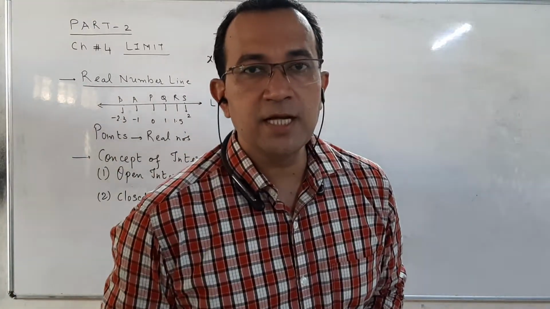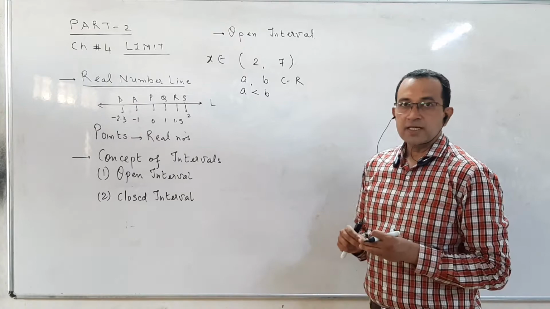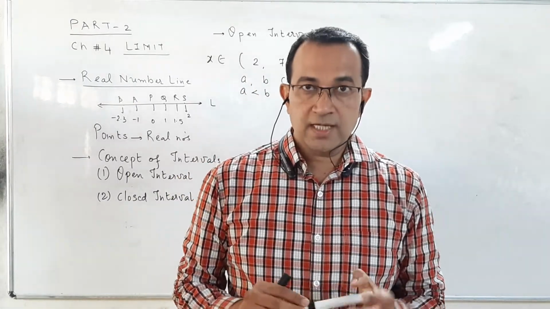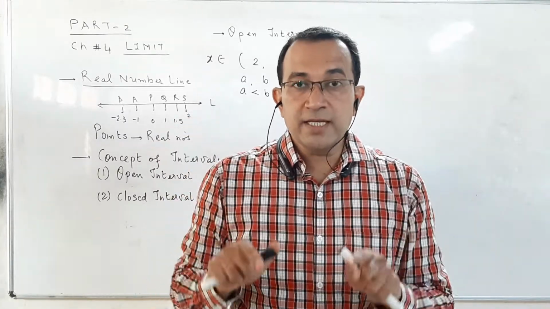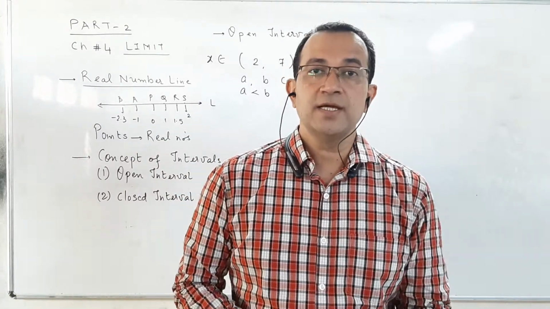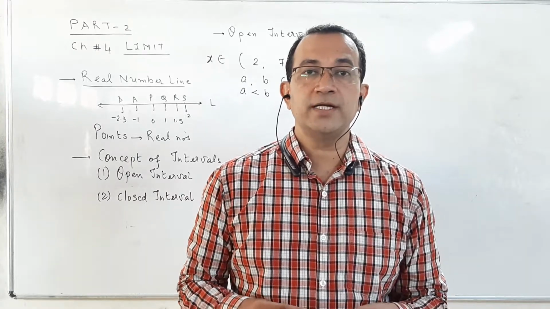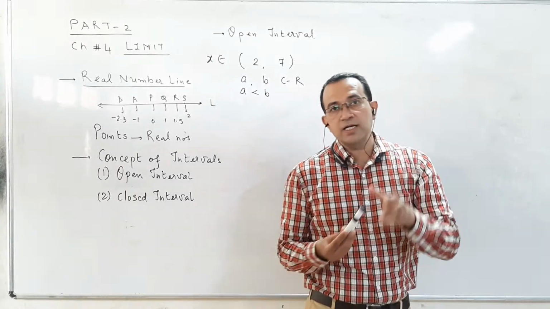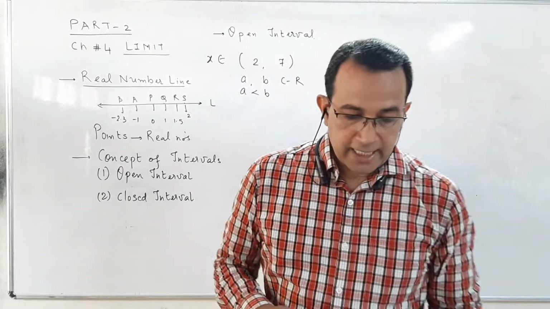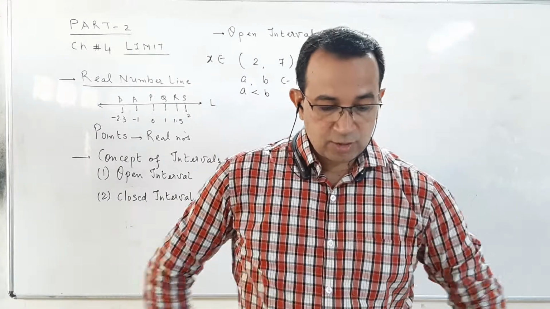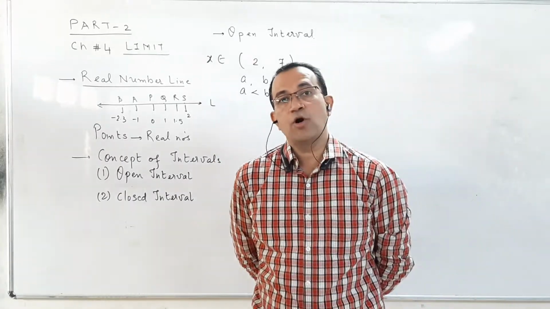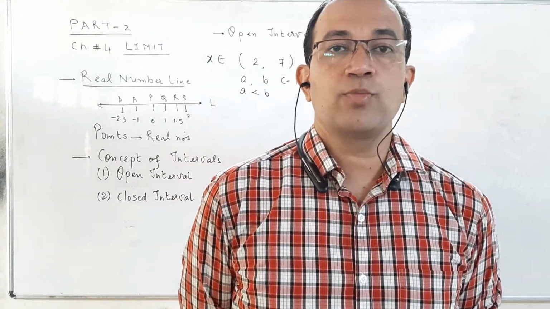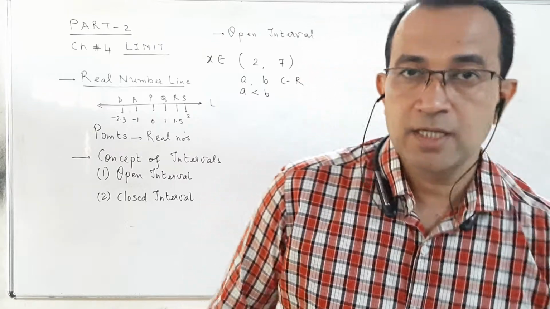So let A and B be real numbers, A less than B. Then the set of real numbers lying between A and B, excluding A and B, is called, students, open interval A comma B. Set of all real numbers between A and B, excluding A and B, or not including A and B, is called, students, open interval AB.